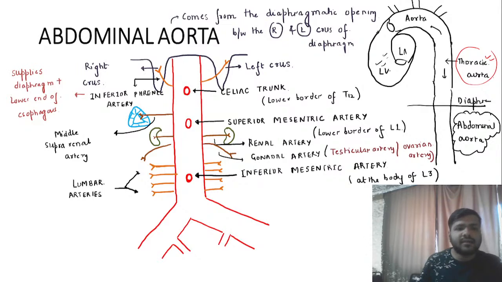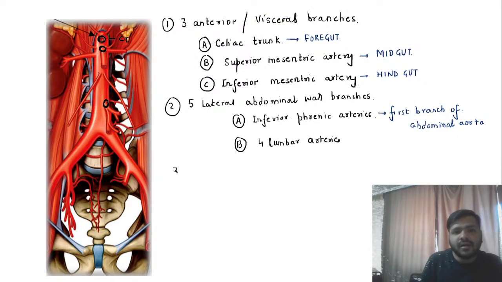So remember that we now have the third part of the abdominal aorta branches, that is the three lateral visceral branches.